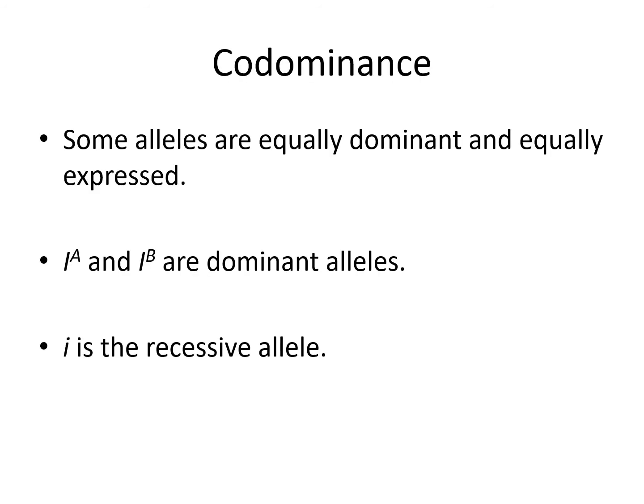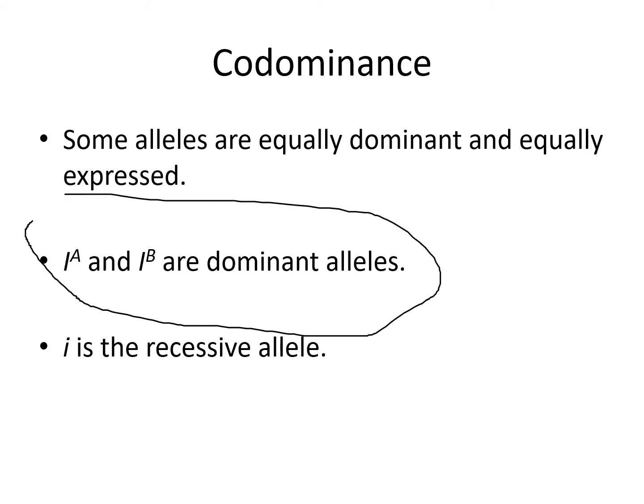Now in codominance, as the name suggests, some alleles are equally dominant and equally expressed. The dominant alleles for blood typing are big I capital A and big I capital B. These are going to mask the recessive alleles, and if they're expressed together, they will express together.